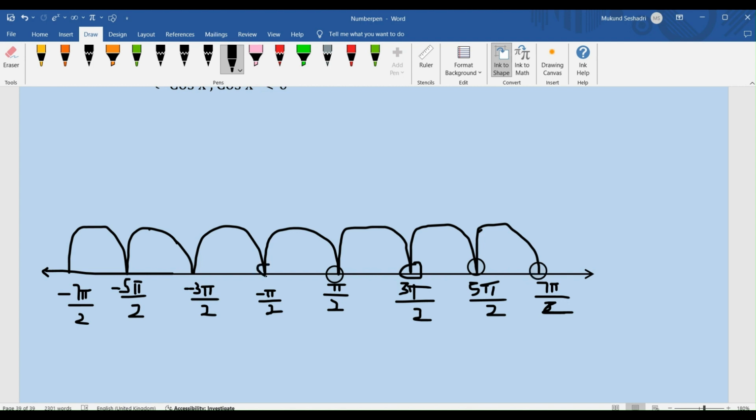And then I have minus pi by 2, minus 3 pi by 2, minus 5 pi by 2, and minus 7 pi by 2, and so on in the negative direction of x, right? So these are my sharp edges. And what are these sharp edges? These sharp edges are where the slope of the tangent to the function undergoes a change in direction, right?